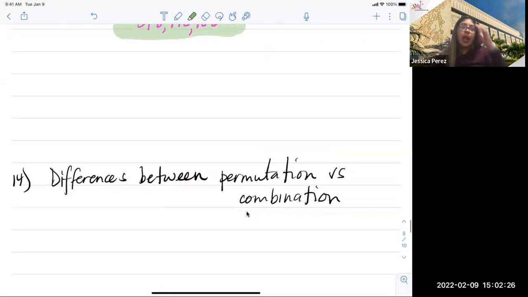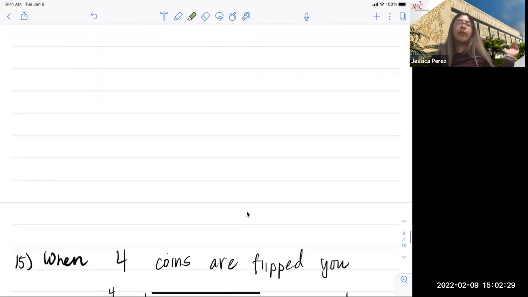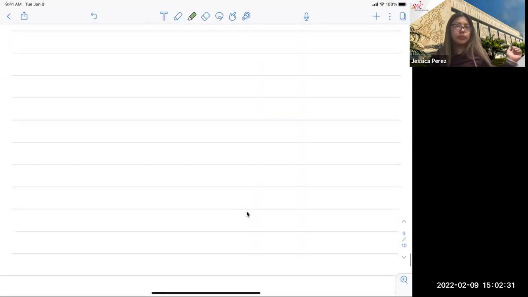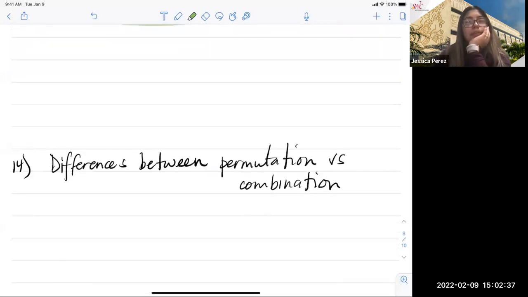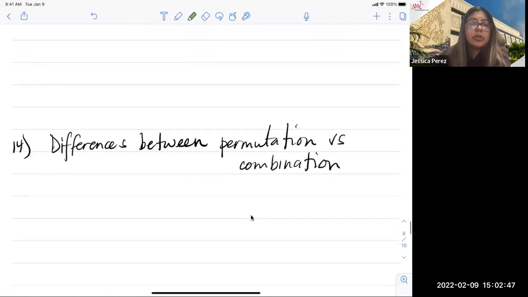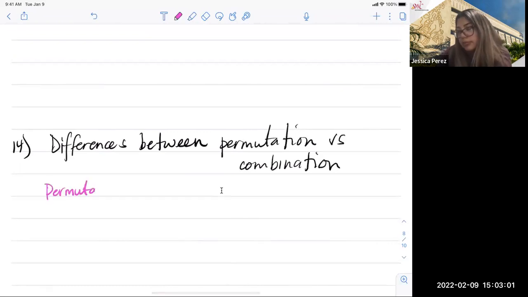Okay. And the last one, I believe, well, there's a few more. There's 2 more. So what are the differences between a combination and a permutation? Well, that one you should know. You can find those in your lecture notes. So when you hear the word permutation, it's more like arrangements.